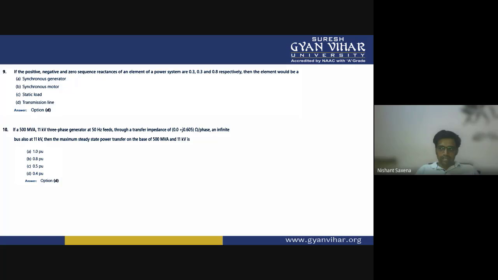If I assume the excitation voltage as 1 per unit and calculate it, I will be getting an option of 0.4. That is the maximum power. Let me see, 1 upon 0.41.